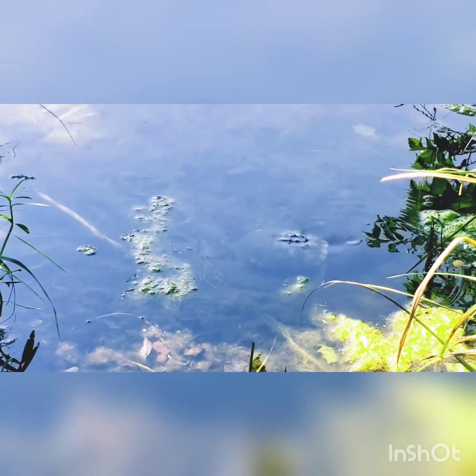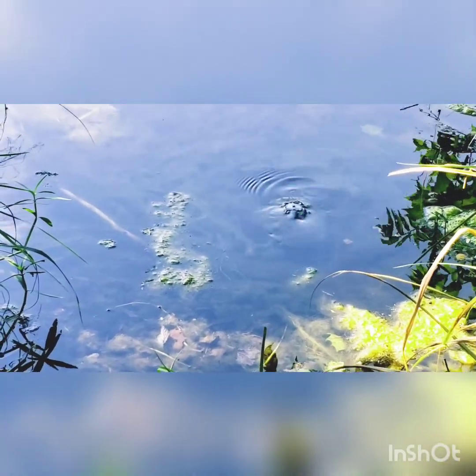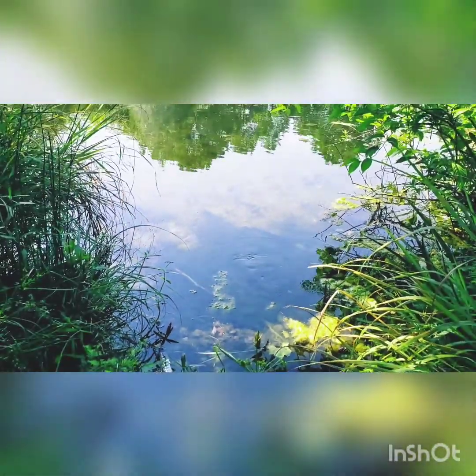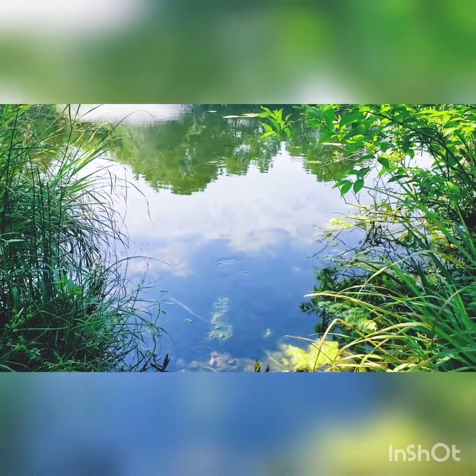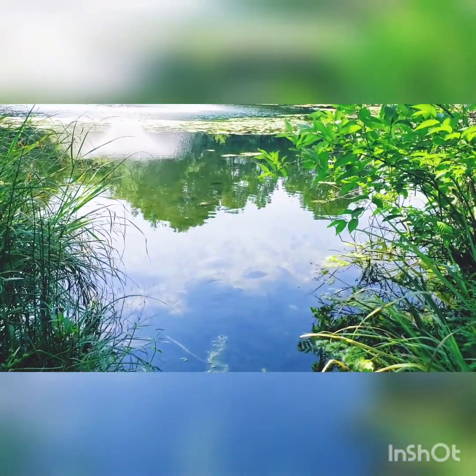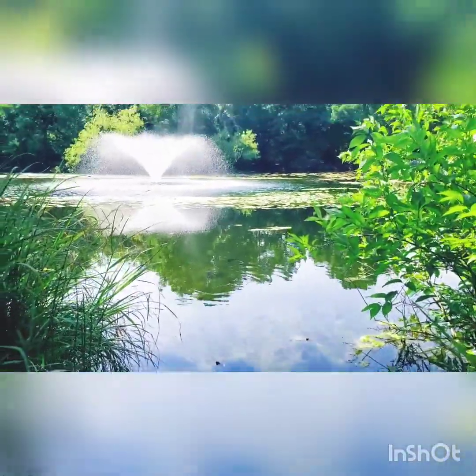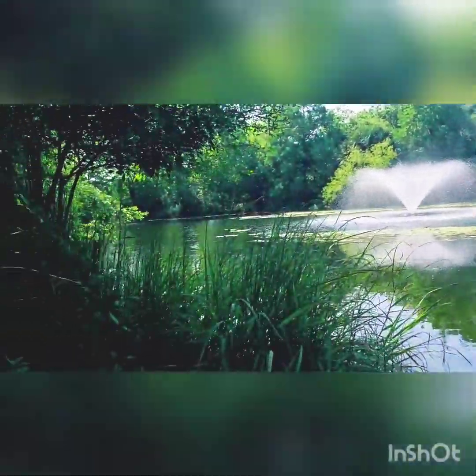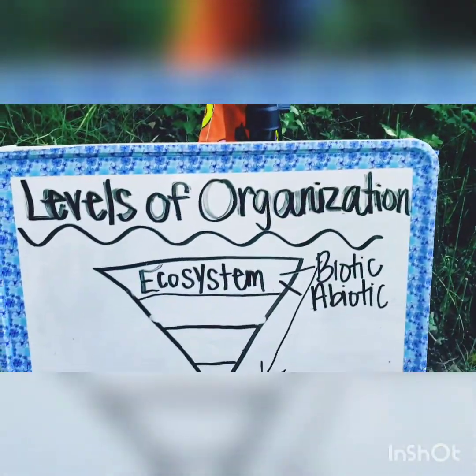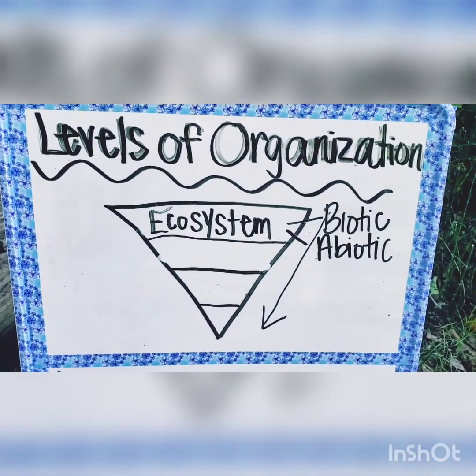So turtles use sunlight, being abiotic, to keep warm. That would be your example of a biotic organism interacting with an abiotic factor. So ecosystem is all living and non-living, all biotic and abiotic factors interacting in one place.